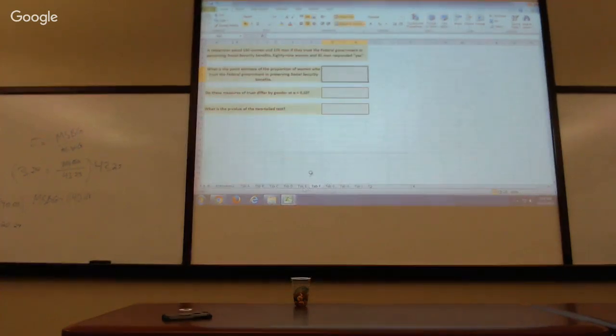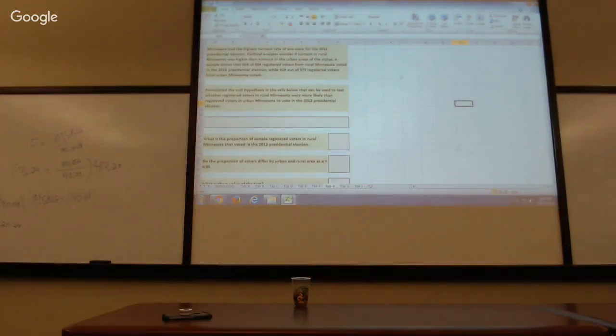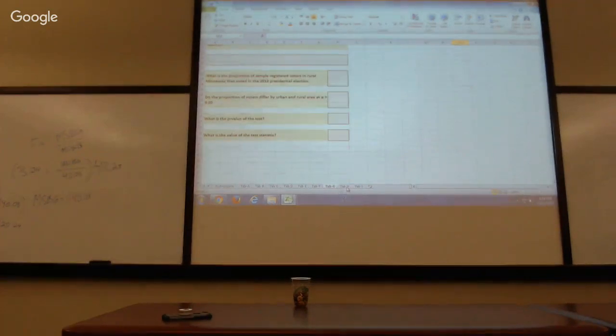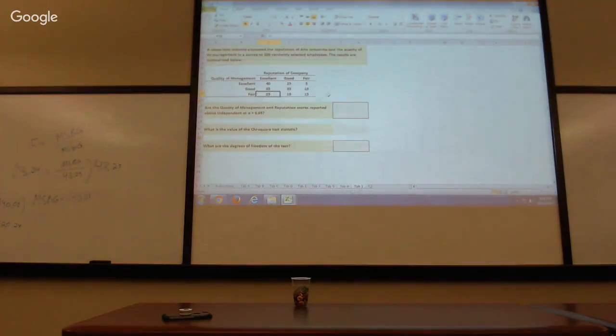That's tab E, tab F. Tab G is proportion as well. H is going to be a chi-squared, and so is I. H and I are both going to be chi-squared, so F and G are population proportion. Yep.